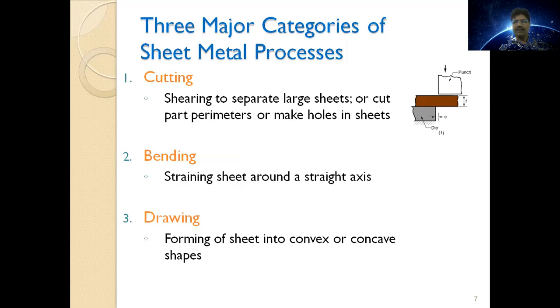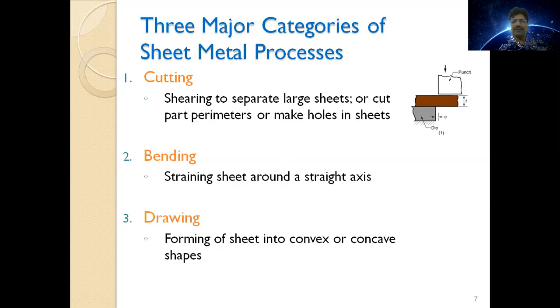Now cutting is the process. You can see the cutting process here. This is the shearing used to separate large sheets, cut parts or make blanks from sheets. As I told you, we have a big sheet, so we cut the big sheet into small pieces and then make the desired shape and size.